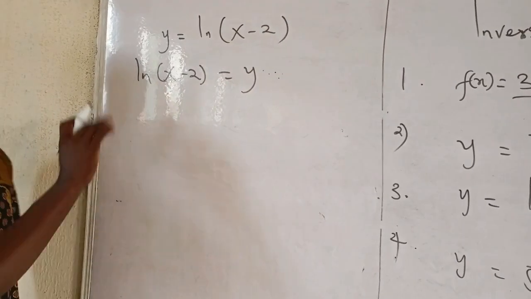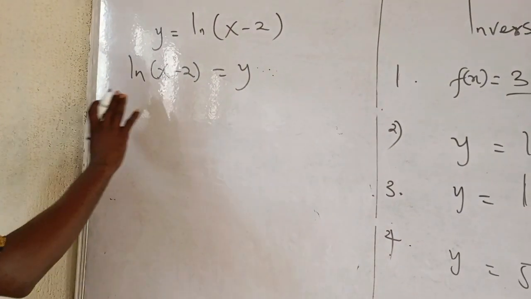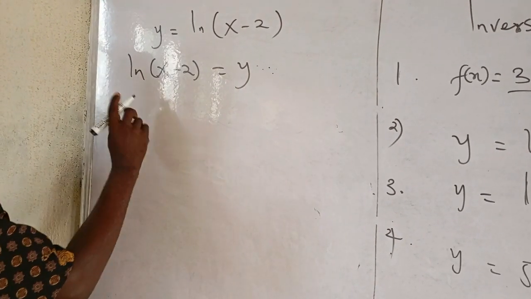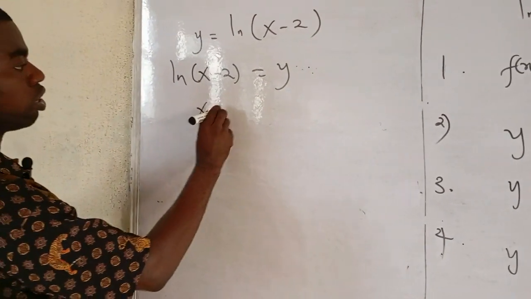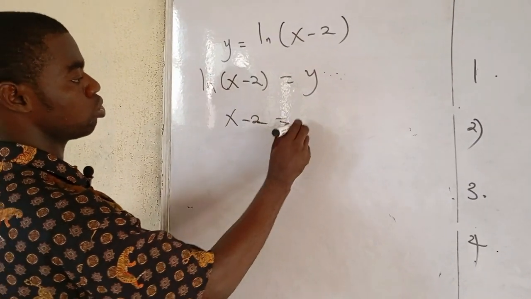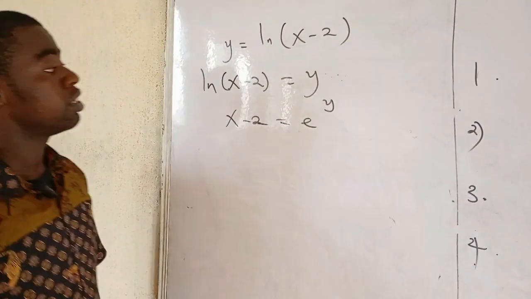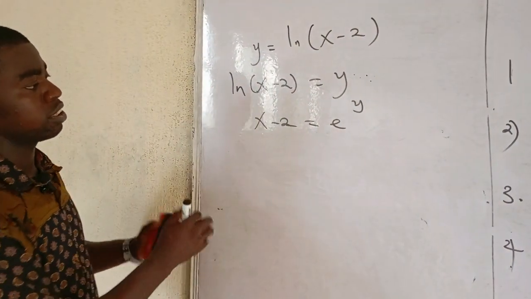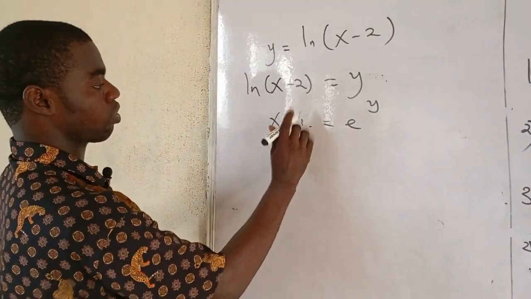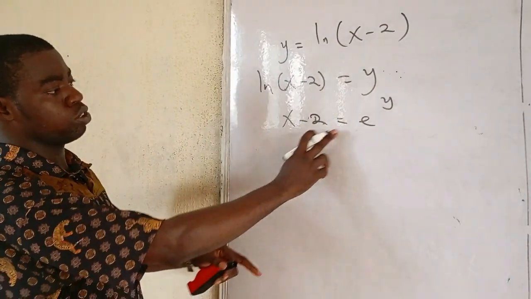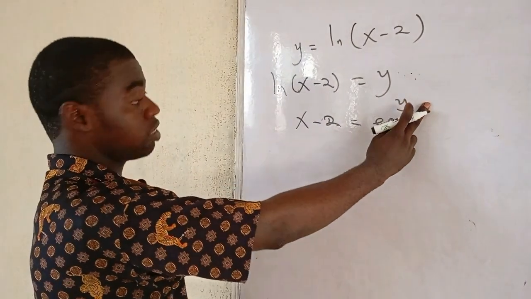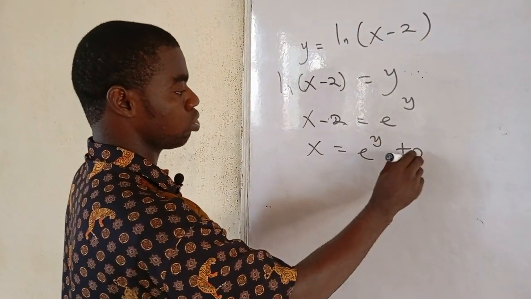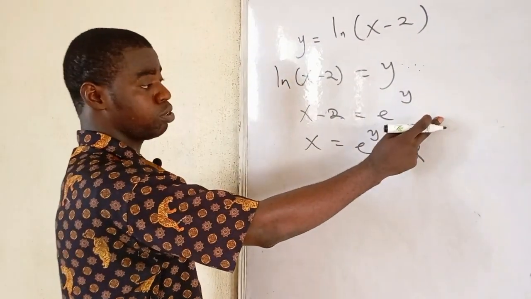So taking the exponential of both sides, this will be x minus 2 equal to e raised to the power of y. And x is equal to e raised to the power of y plus 2, moving our 2 over here, right?